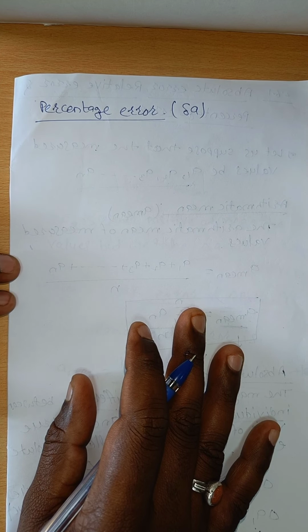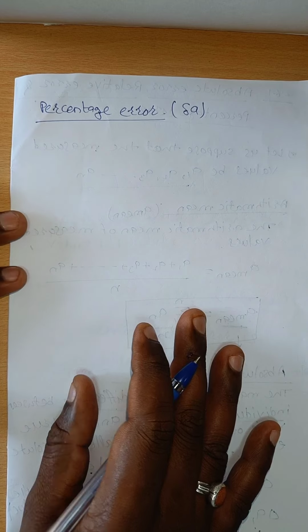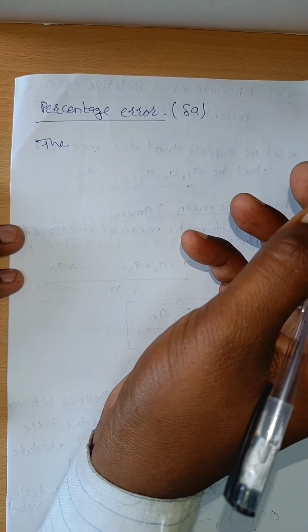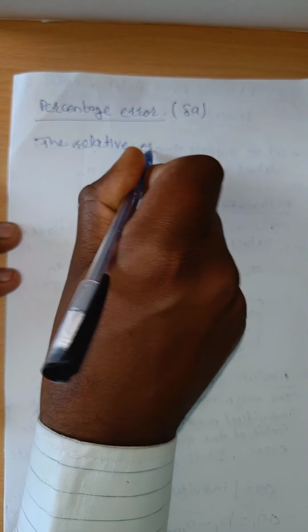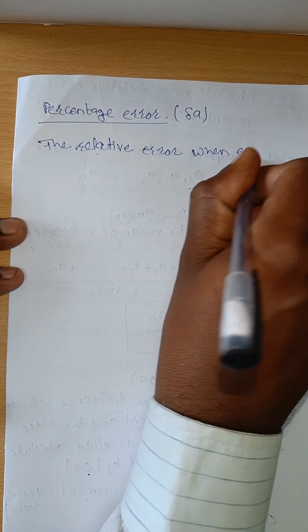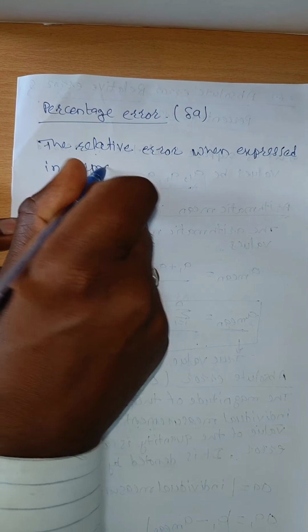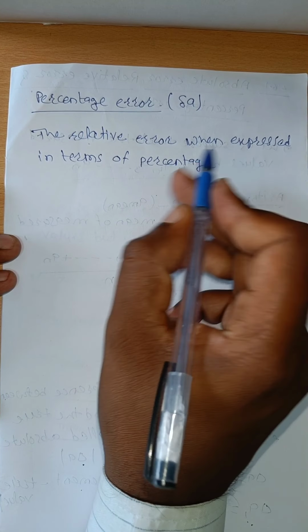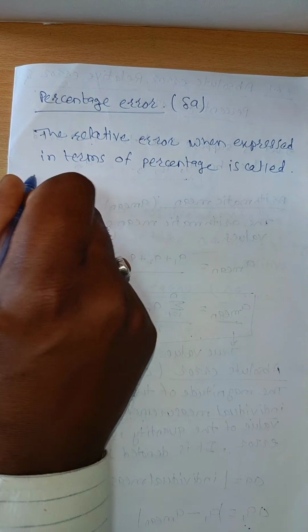When the relative error is expressed in terms of percentage, it is called percentage error.